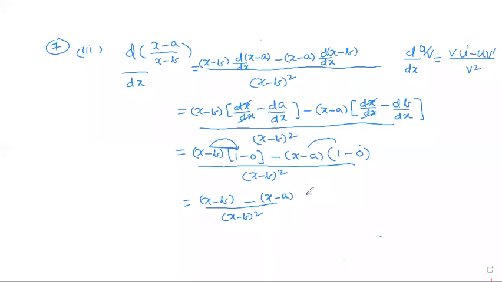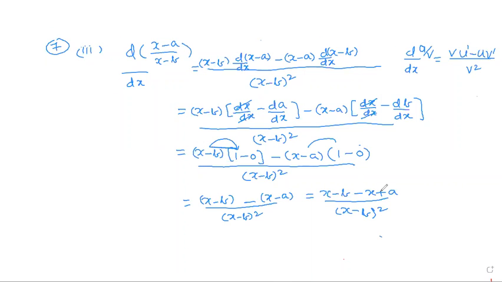By the multiplication, we get x minus b minus x plus a, by the denominator (x minus b) whole squared.